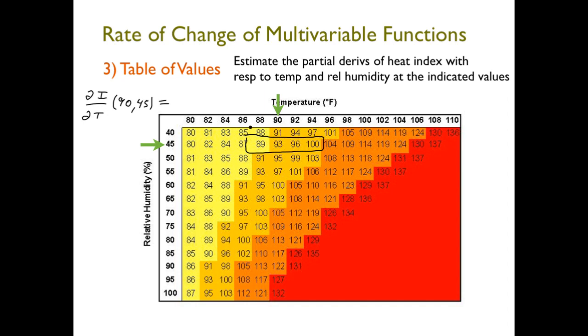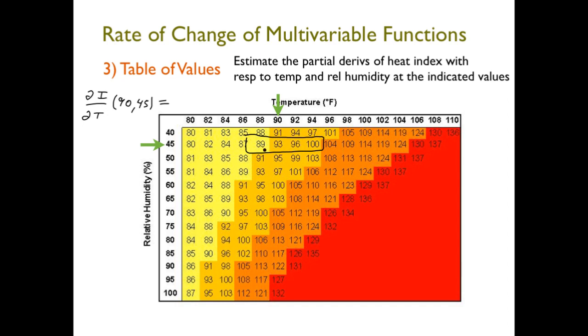So it's going to be change of heat index per change in temperature. So how much through here is heat index changing? 89 to 93, and then 93 to 96. So it's like a change of 4 and a change of 3.